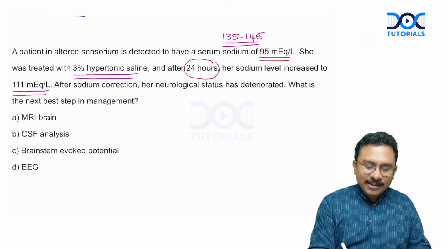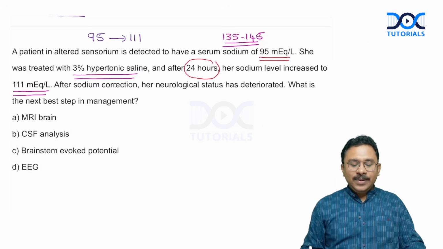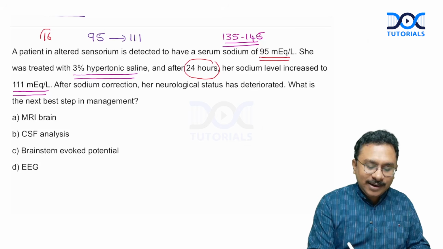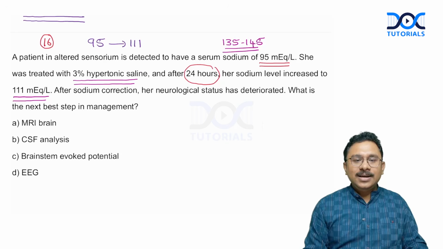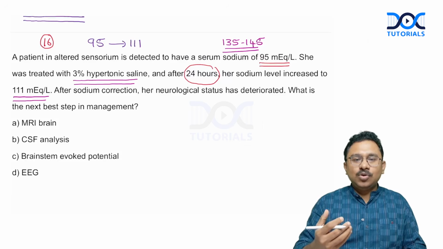You can see that the sodium level went from 95 to 111, so almost a 16 milliequivalent rise has occurred in a single day. This is not good. This is too rapid correction of the sodium.